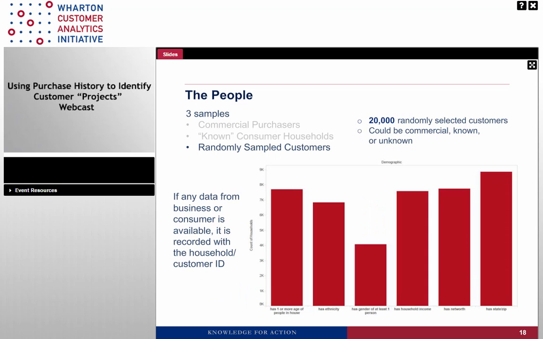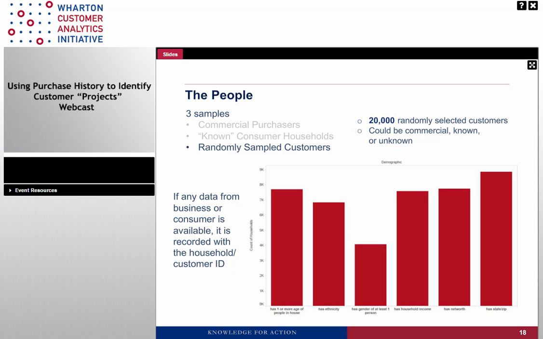The third sample is randomly sampled across all of the customers. There are 20,000 completely randomly selected. They could be a commercial purchaser, they could be a known consumer household, and they could be unknown. If there's any data related to the commercial purchaser or the known consumer household, that is recorded in the data set.